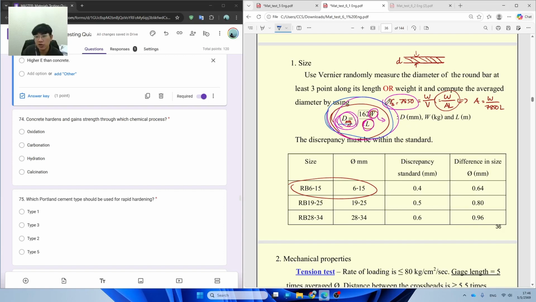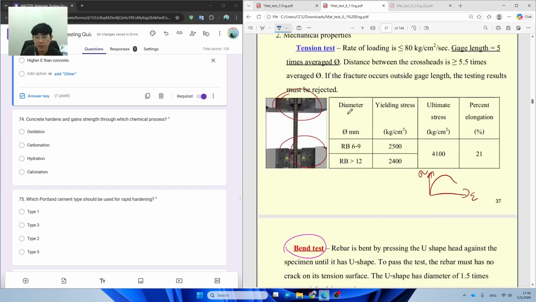So that's why we control it by using the unit weight. When we would like to find the D average over here, we measure the length of the sample, and then we measure the weight of the sample, and then we just plug into this equation. We're going to get the approximate diameters of the deform bar or the round bar.